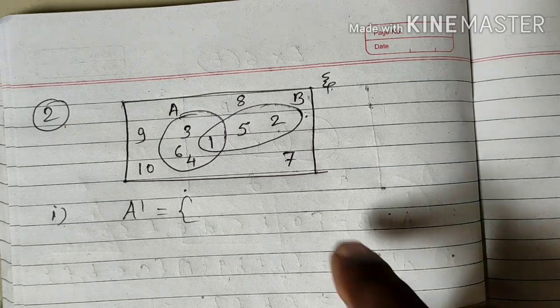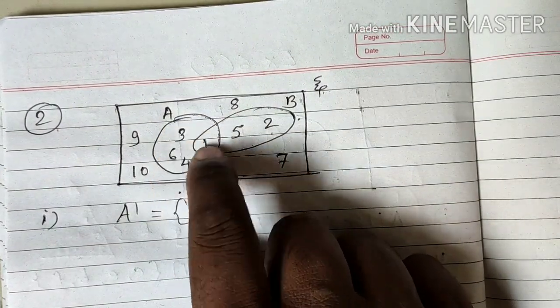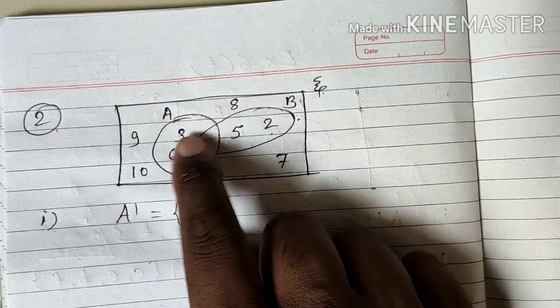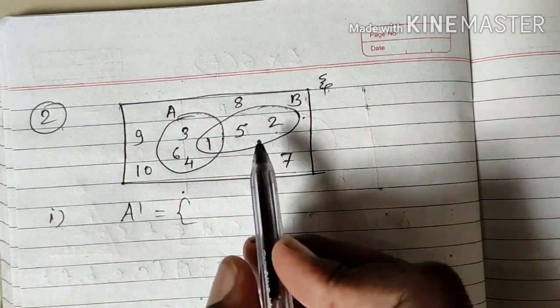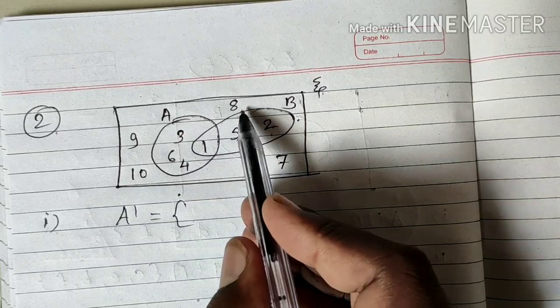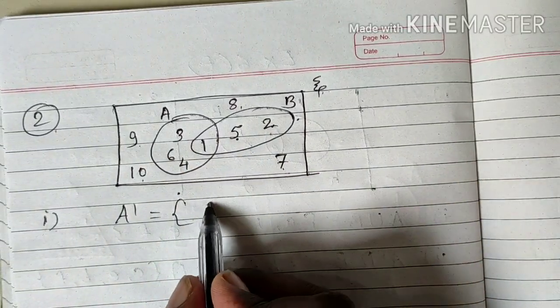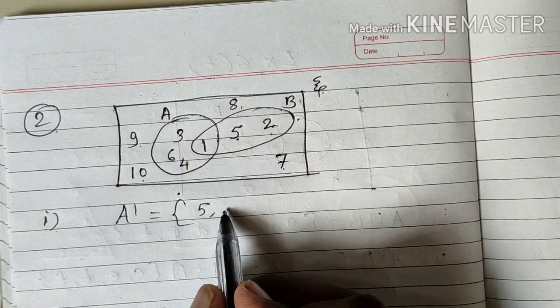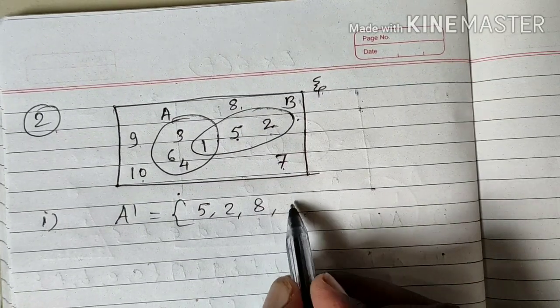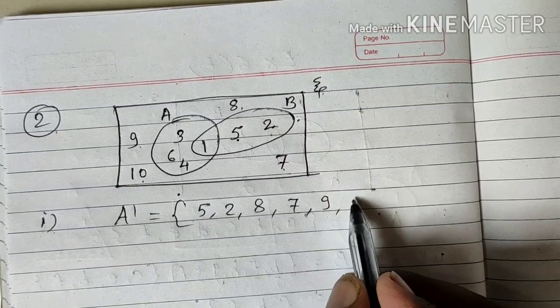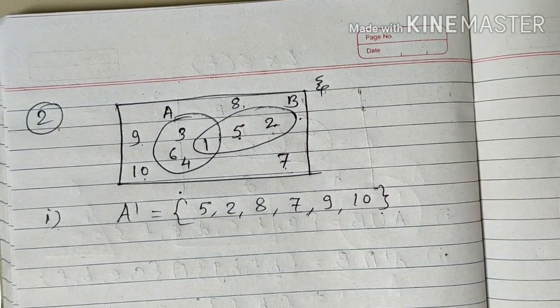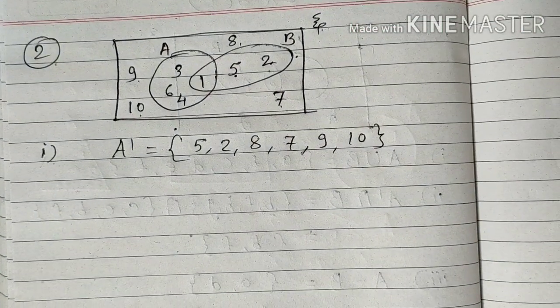So we will remove all the elements of the A set. So what is the remaining thing then? 5, 2, 8, 7, 9 and 10. Is that clear to everyone? This is our A complement set.